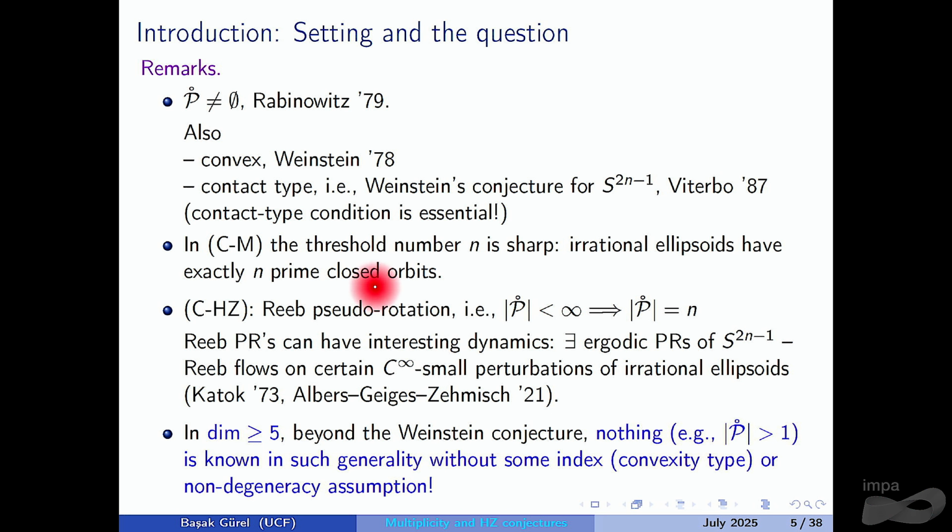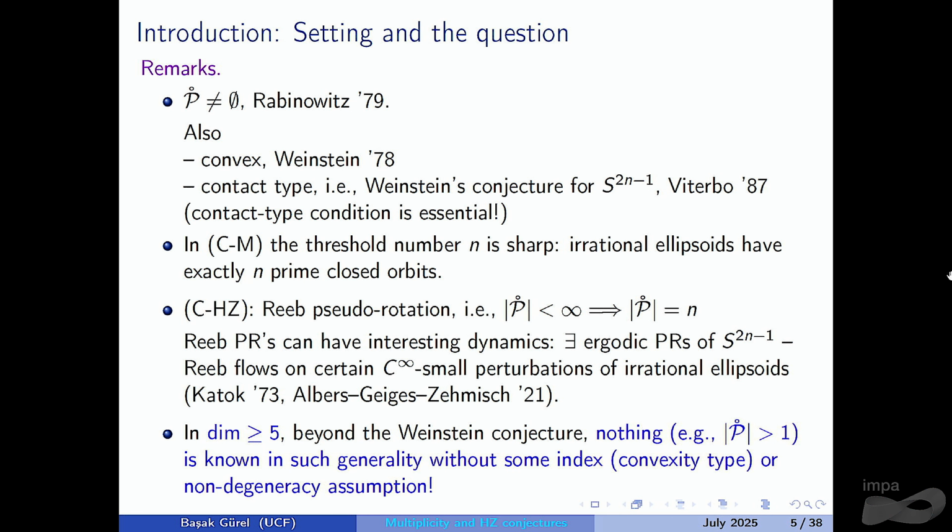We also know that this number n in the conjecture is sharp, because non-degenerate irrational ellipsoids have non-degenerate Reeb flows with precisely n simple closed Reeb orbits.